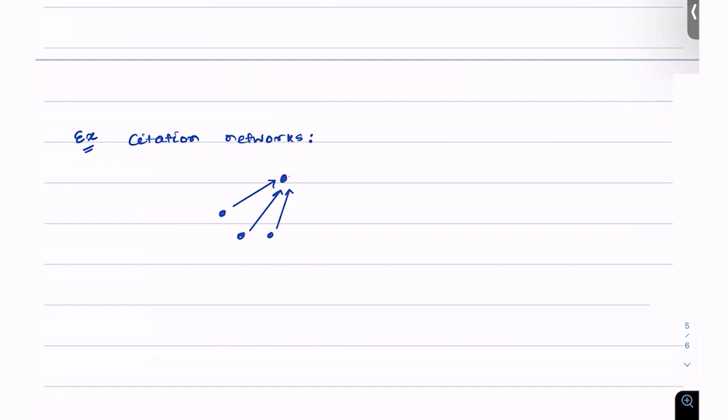Let's say this node here represents a paper which is cited several times. However, it's not mandatory that the paper that's given here goes back and cites each of these papers, meaning citation networks are mostly acyclic, meaning we will not be able to apply the eigenvector centrality measure to get any meaningful information.